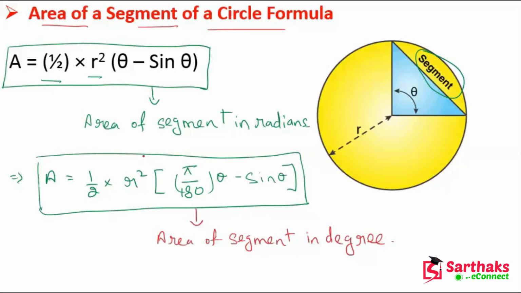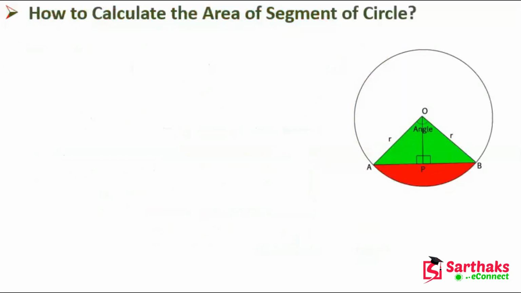Now let us see how to calculate the area of a segment of a circle. Before this, first we have to know how to convert degrees into radians or radians into degrees. Radian is equal to pi upon 180 into degree.